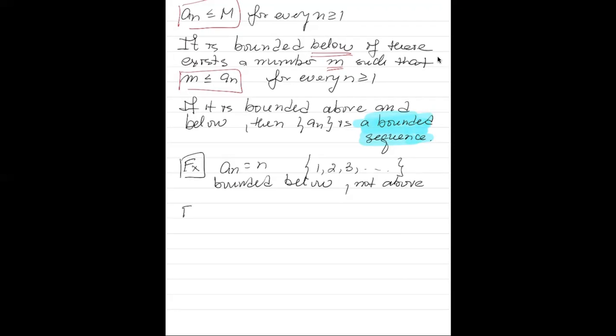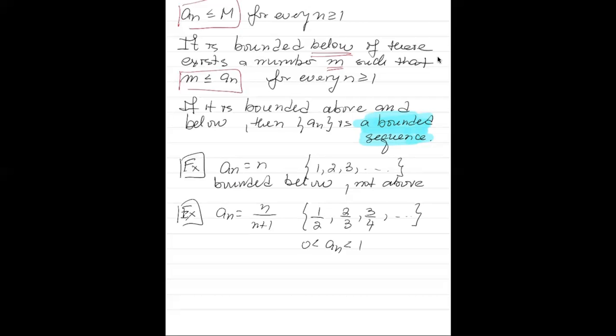Another example, a sub n equals n over n plus 1. Let's list those elements here. If n equals 1, you have 1/2. If n equals 2, 2/3. If n equals 3, 3/4, and so on. Every single one of them is positive and is less than 1.